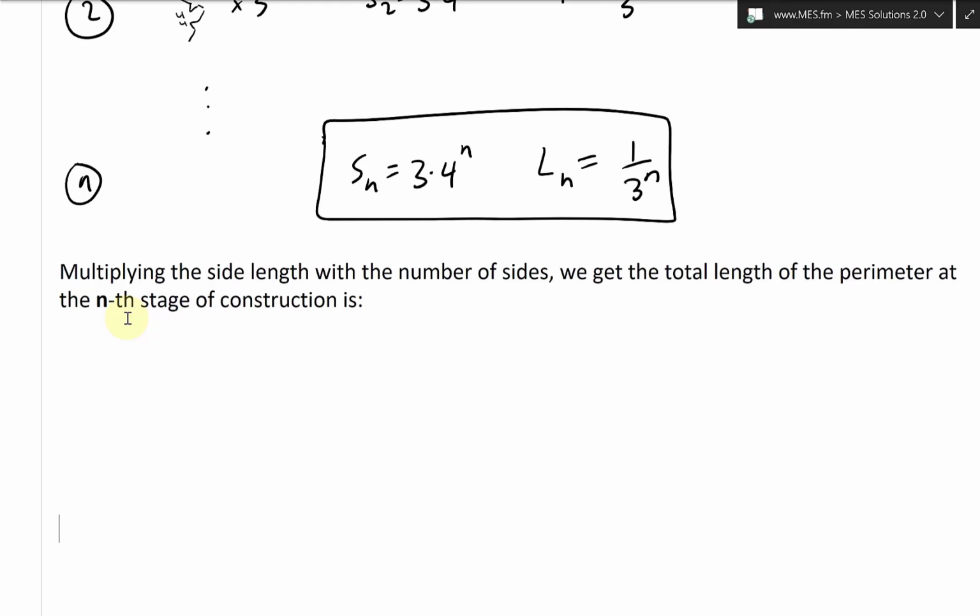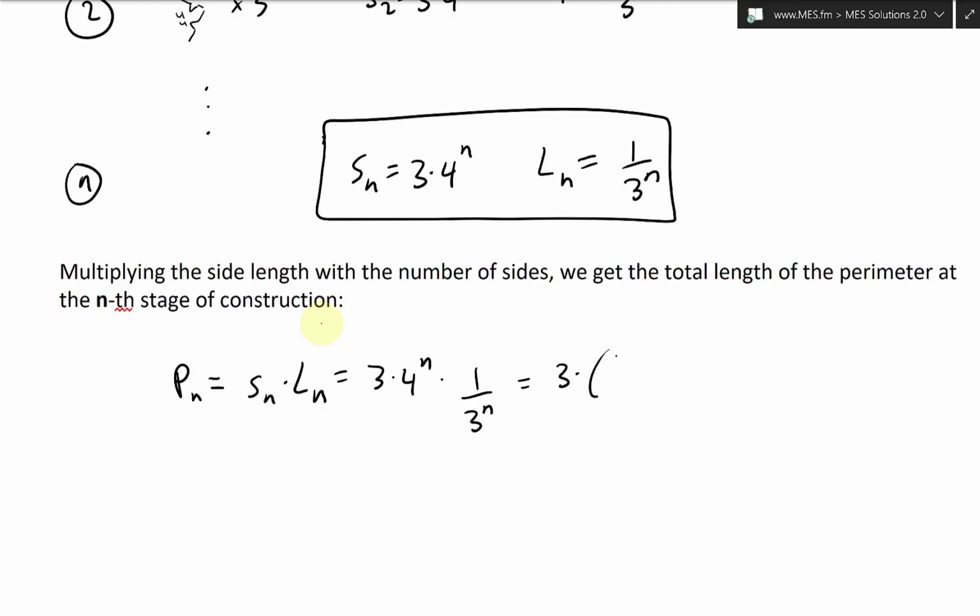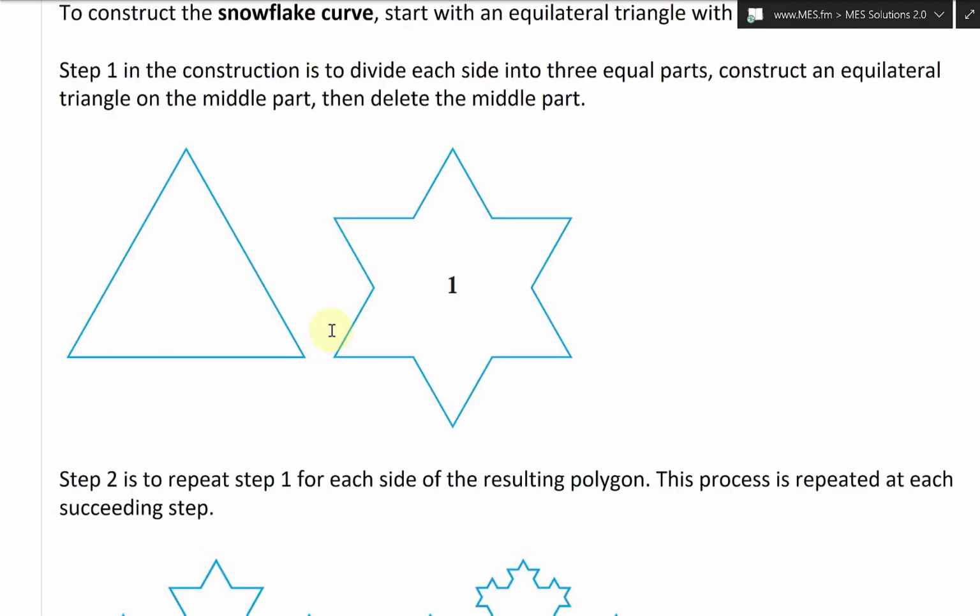So Pn is equal to the total number of sides times the length of each side, which equals 3 times 4 to the n, times 1 over 3 to the n. And combining those powers, this is 3 times (4 over 3) to the power of n. So that is our total length. So we have answered question A.